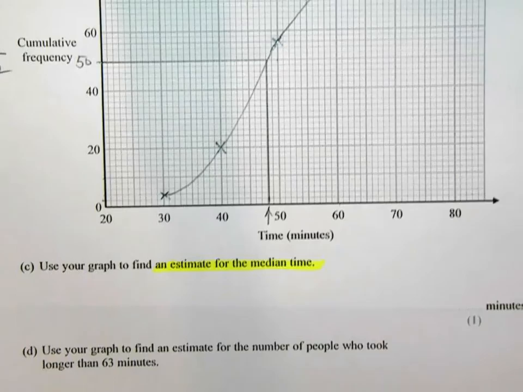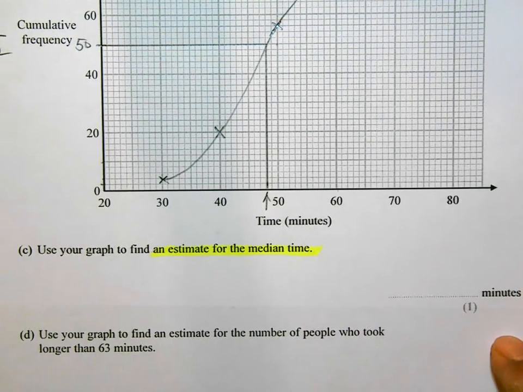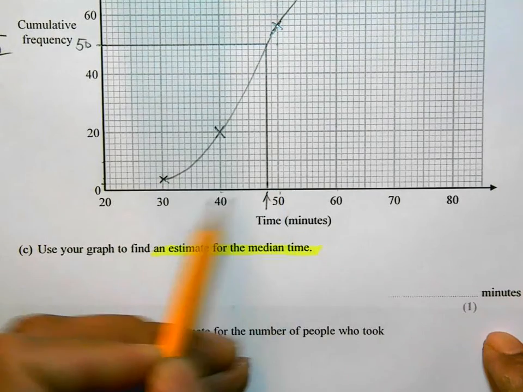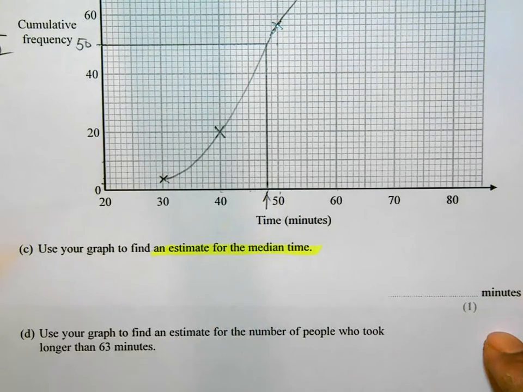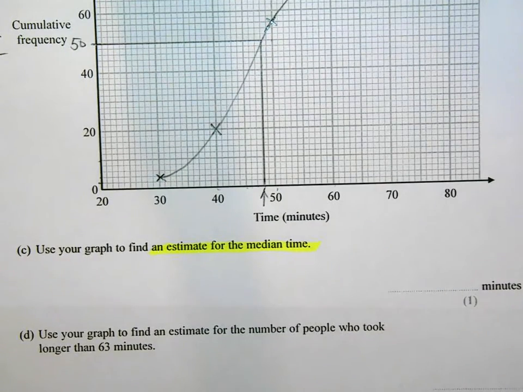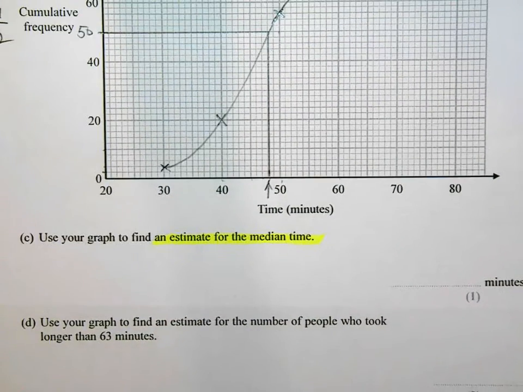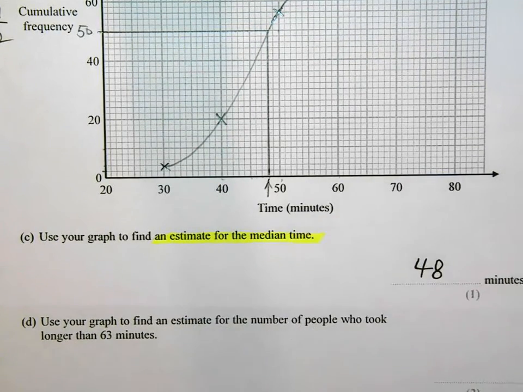We're going to read off that value and write it in the answer space. I'm going to take my time as I read off that value. From 40 to 50, there are 10 tiny squares, so that's 45, 46, 47, 48. I'm going to write that in my answer space. 48.